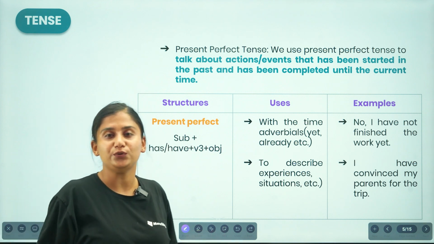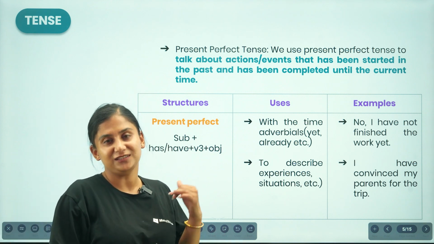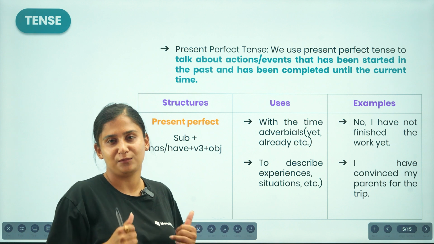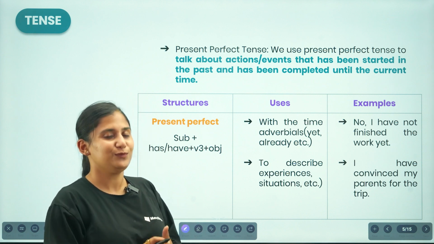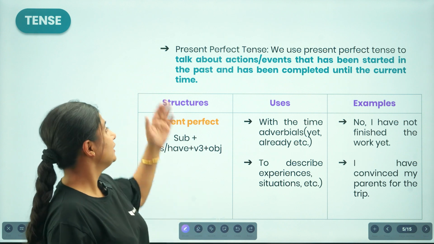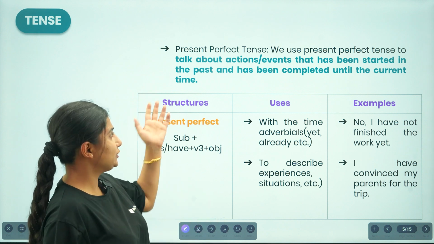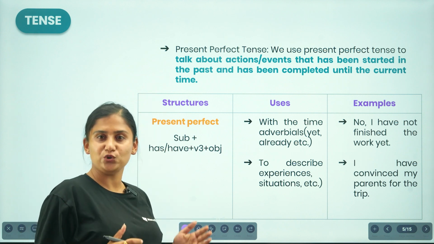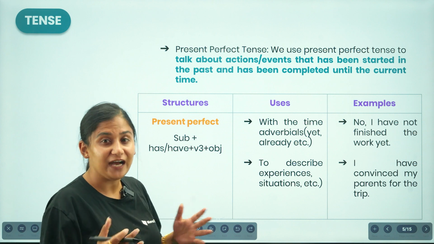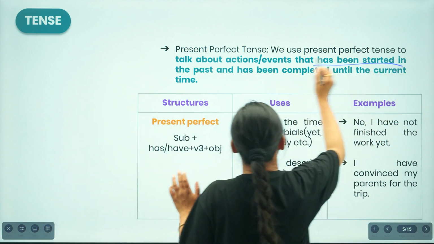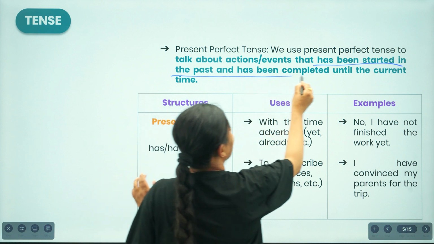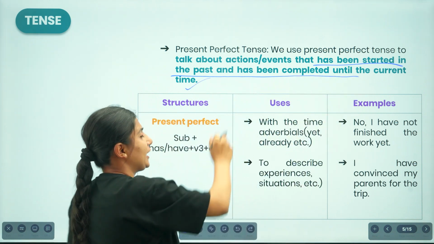So when do we use present perfect tense? This is something that leaves most students in a perplexed situation, right? But do not get confused in this. Present perfect tense is used to talk about actions that have already been started in the past and have been completed by the current time.